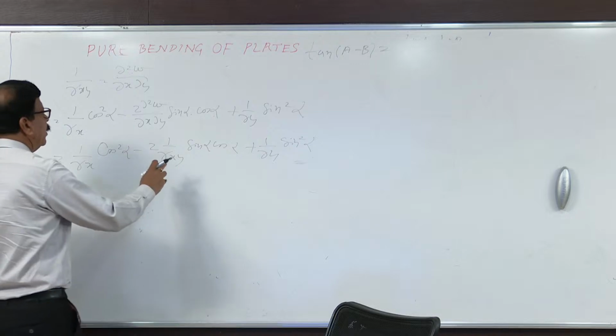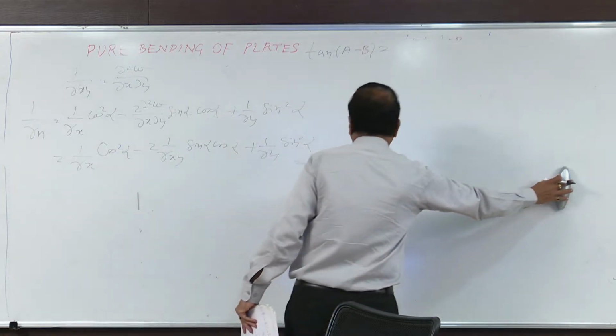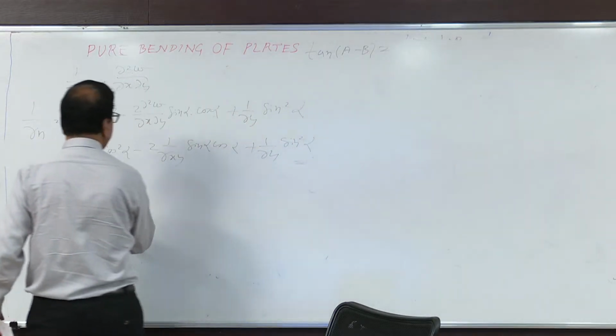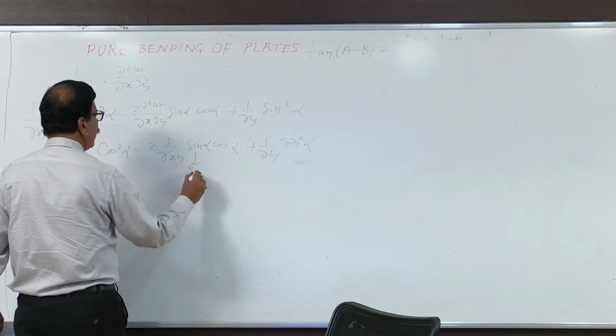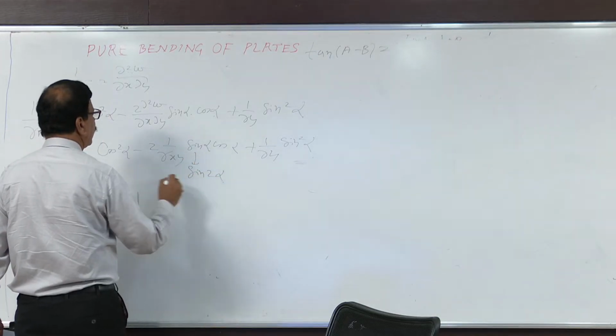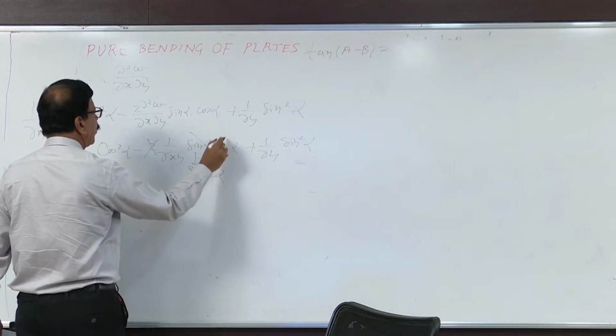In the next step you can write this as sin 2 alpha, this 2 sin cos.